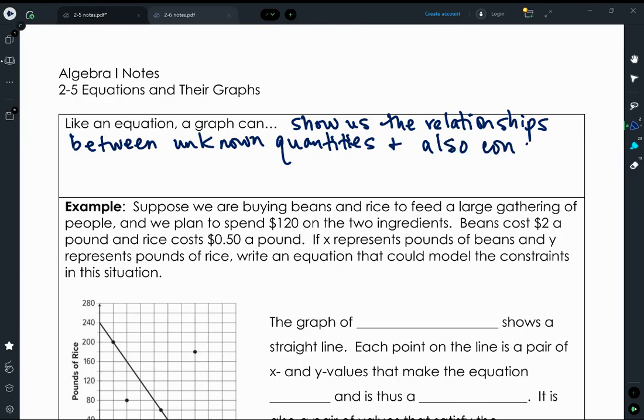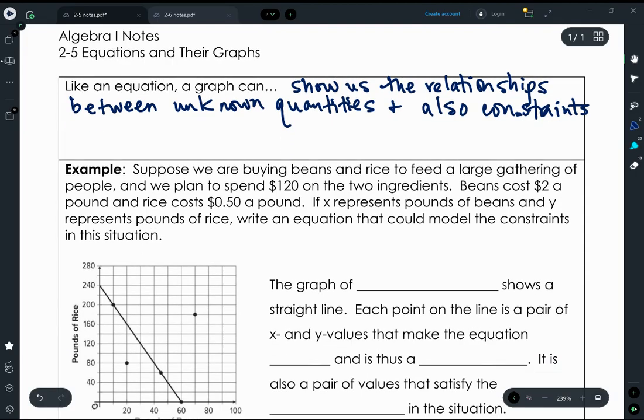Did I say restraint? Because I meant constraint. So constraints. So like when we've got a limit on the amount of money we can spend, or like when we did the bus problem the other day, no matter what, we had to spend $200 on the bus. So a graph can show us the relationships between unknown quantities, and also it tells us about the constraints.